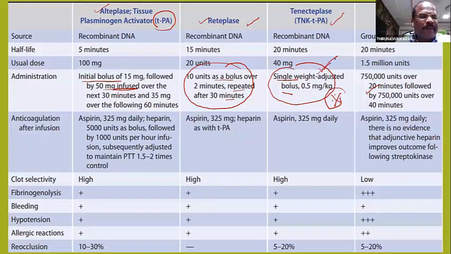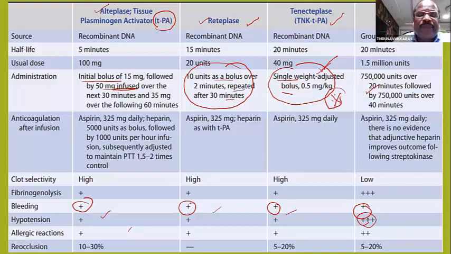Okay, and then what are the important problems with these drugs? They cause bleeding. Bleeding is the most common adverse effect of all the thrombolytic agents, and all may also cause hypotension. All may cause allergy, but most importantly, streptokinase is obtained from streptococcal origin, so it has more chance of allergic reaction.